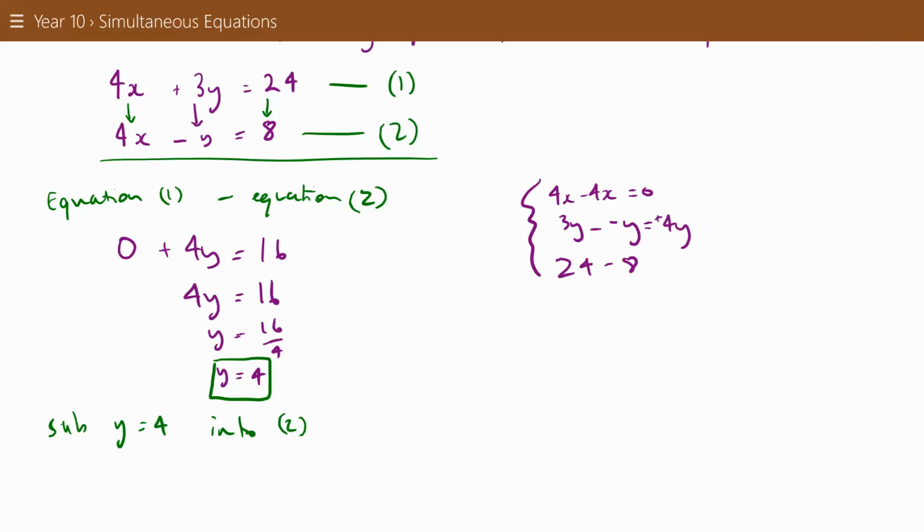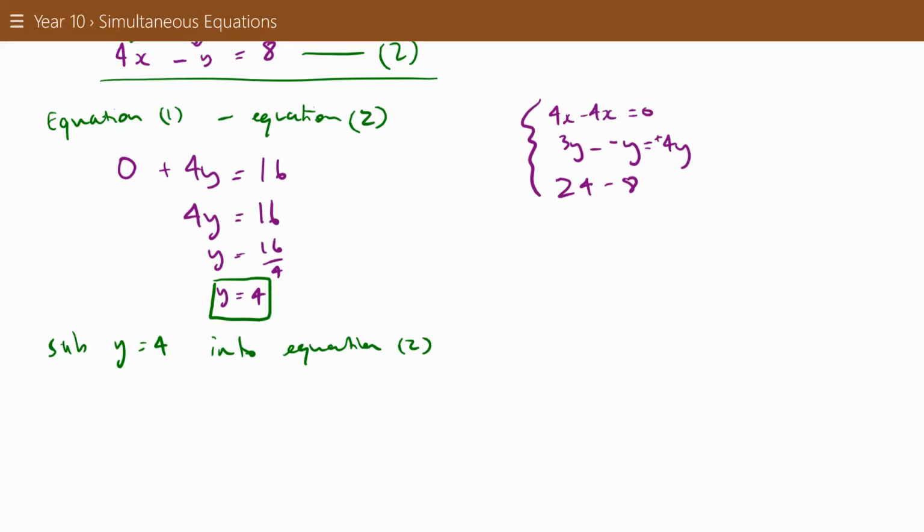Equation 2 is 4x minus y equals 8. So I'm subbing y equals 4 into here. 4x minus 4 equals 8. Take the minus 4 to the other side. 4x equals 12. x equals 12 over 4. x equals 3.